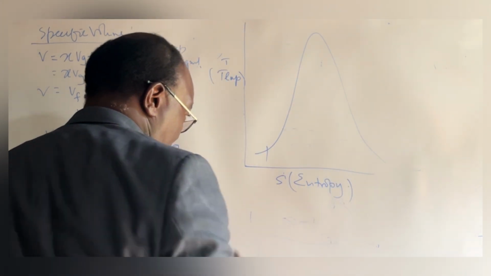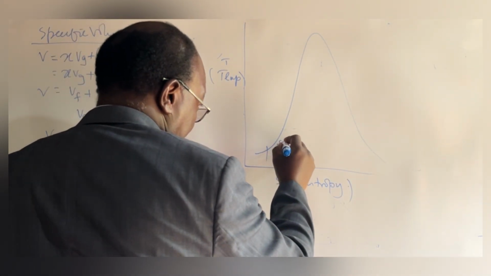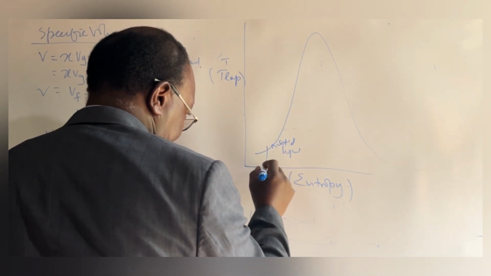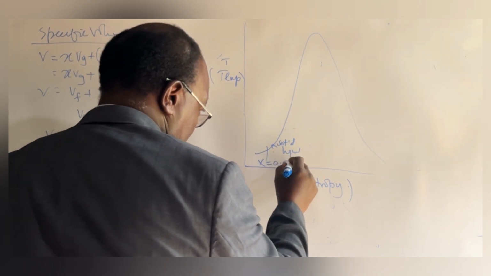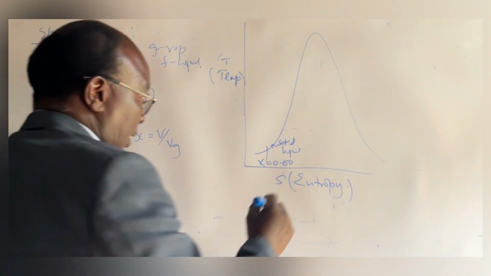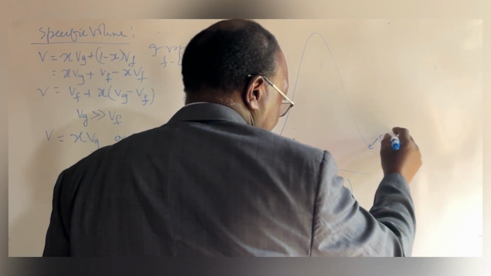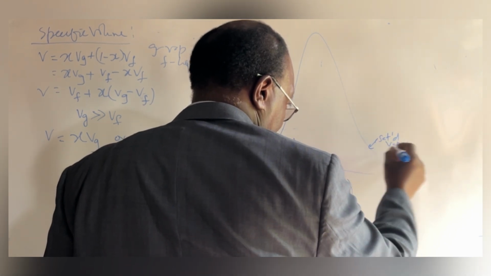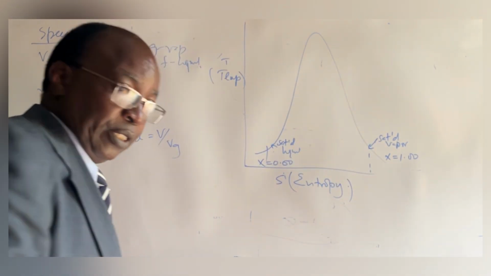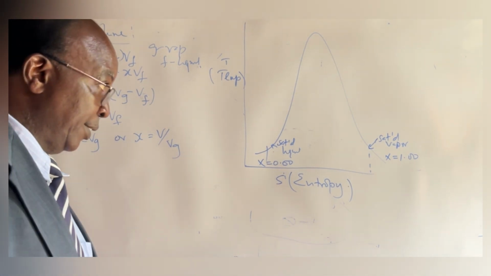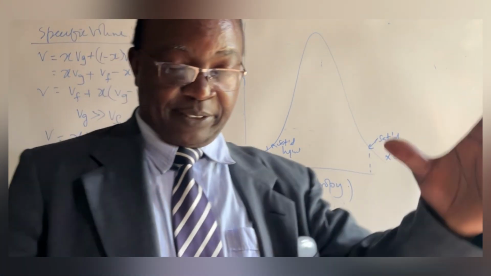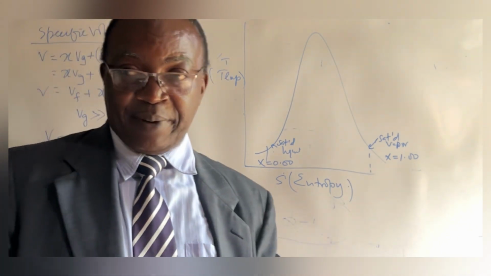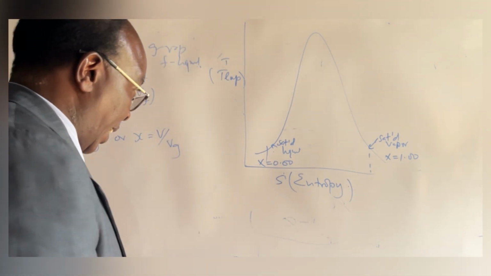we remember we said on the saturated liquid curve, X is 0, and on the saturated vapor curve, X is equal to 1. Remember that. Because what is the dryness fraction? It is the mass of dry steam divided by the sum of the mass of dry steam and that of the liquid.